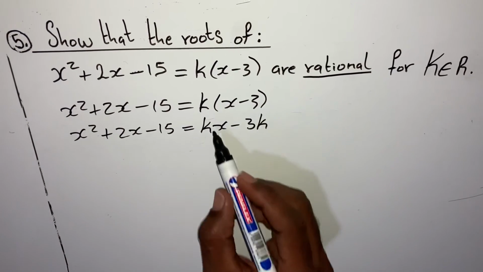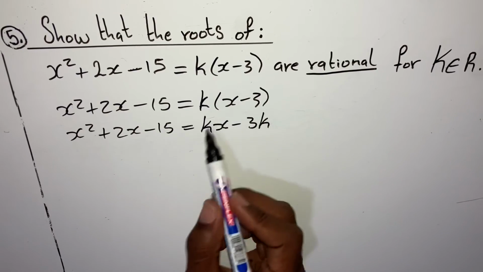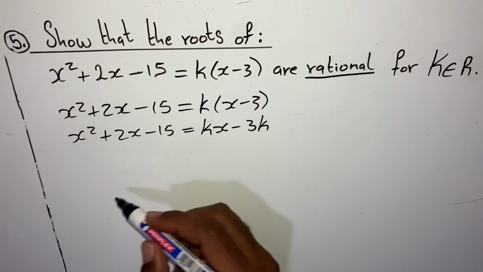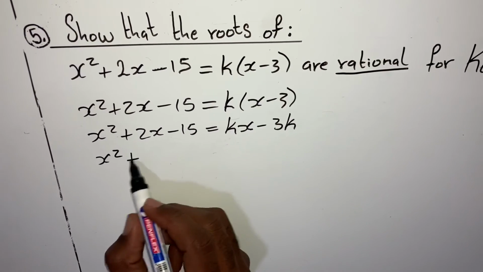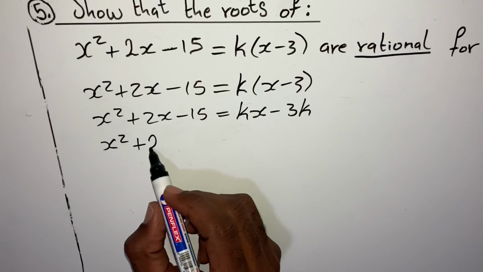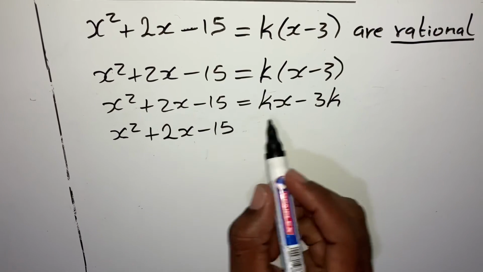Then from here we are to take these to the other side, so I get x squared plus 2x minus 15.